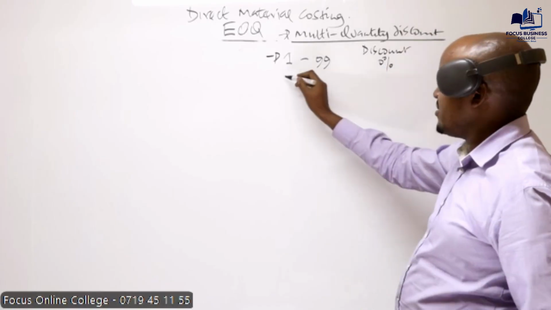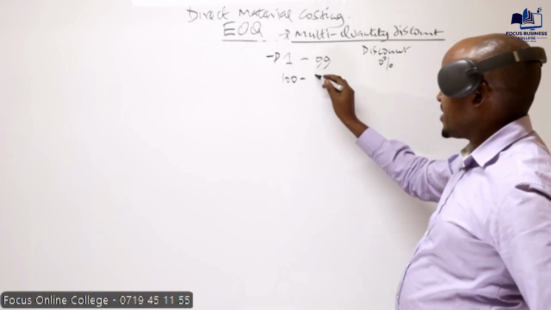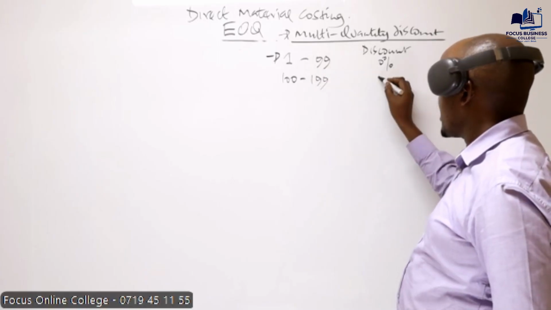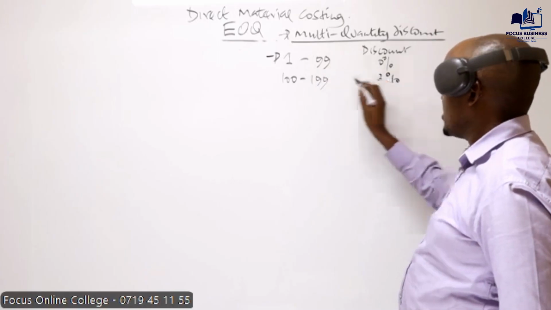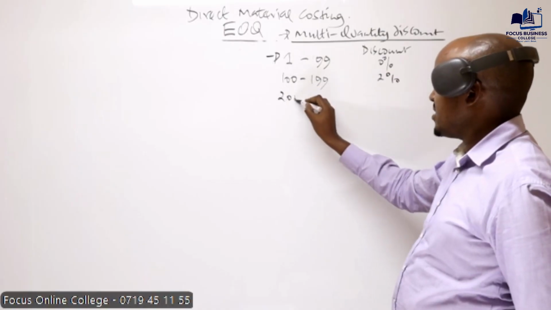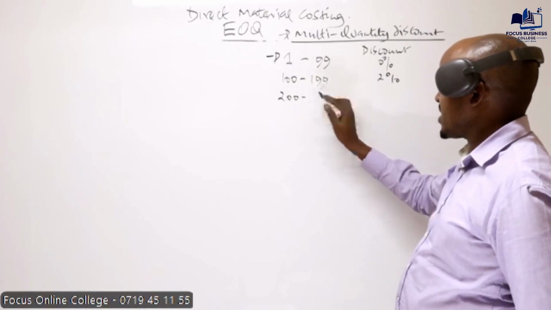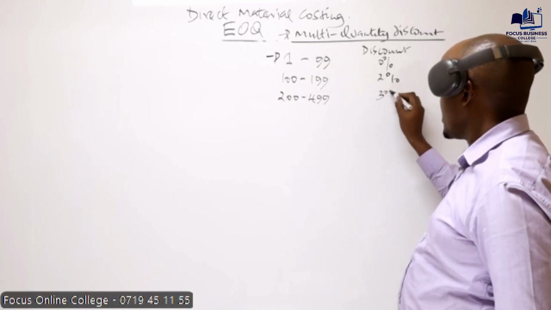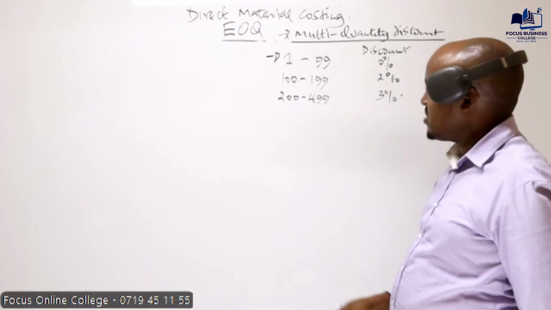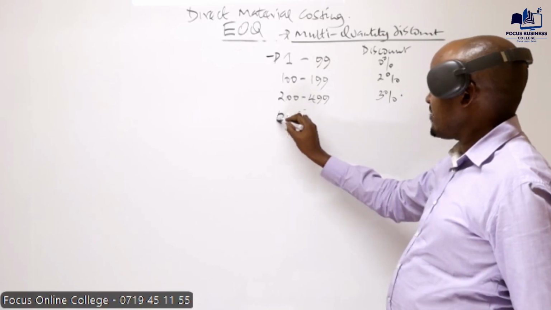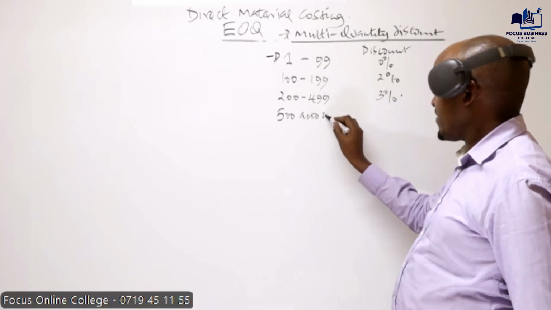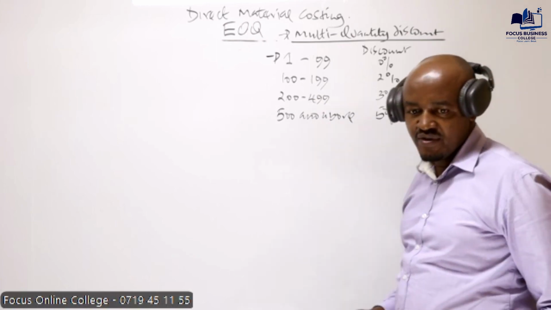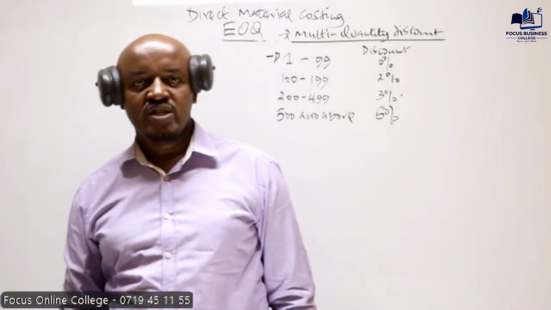But if you buy from 100 to 199 units, you will qualify for a 2% discount. If you buy between 200 and 499, you will qualify for a 3% discount. If you buy 500 and above, you qualify for a 5% discount.